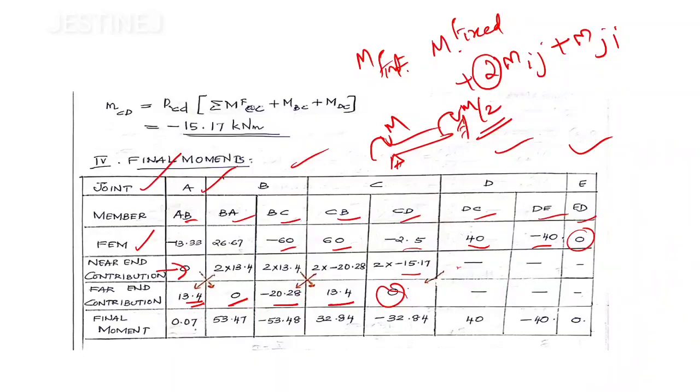If you add up these values, at the joint A you get a very negligible 0.07, and at the joint B the magnitudes are the same with only the sign different. At the joint C also 32.84 and minus 32.84, and at the joint D, already balanced, plus 40 and minus 40, and last 0.